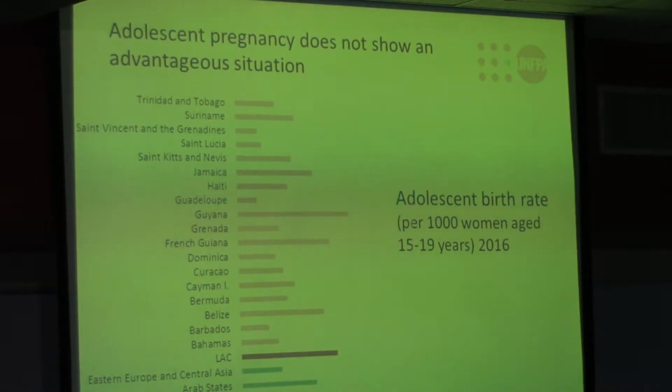The most important thing from my point of view here is the huge differences, the gaps that we register among countries. We have countries like Jamaica, which are in the best situation, and we have countries like Guyana and Belize, which are registering higher levels of adolescent birth rate.